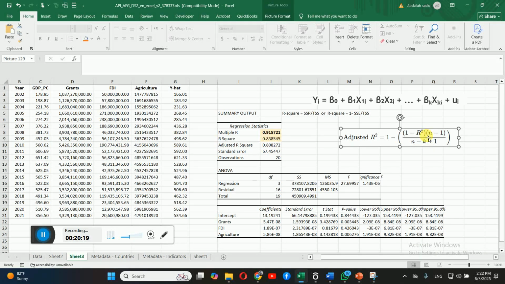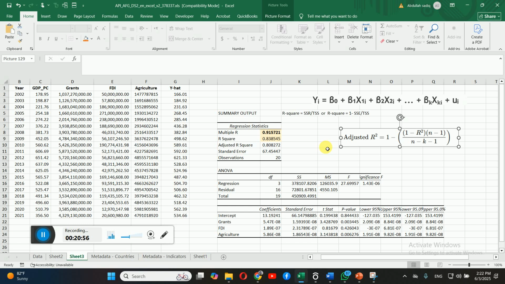So a smaller numerator divided by a larger denominator gives a smaller value, and when that is subtracted from 1, it gives you the higher adjusted R square. That is the situation when the new addition of the variable is significant. It is sufficiently increasing our R square, dear students, or you can say the variation because of that new variable is enough in the model.